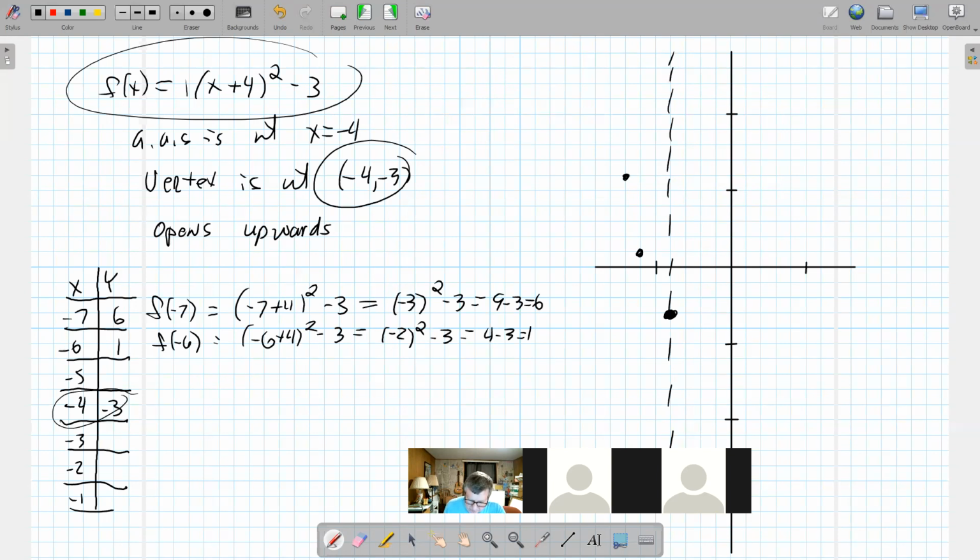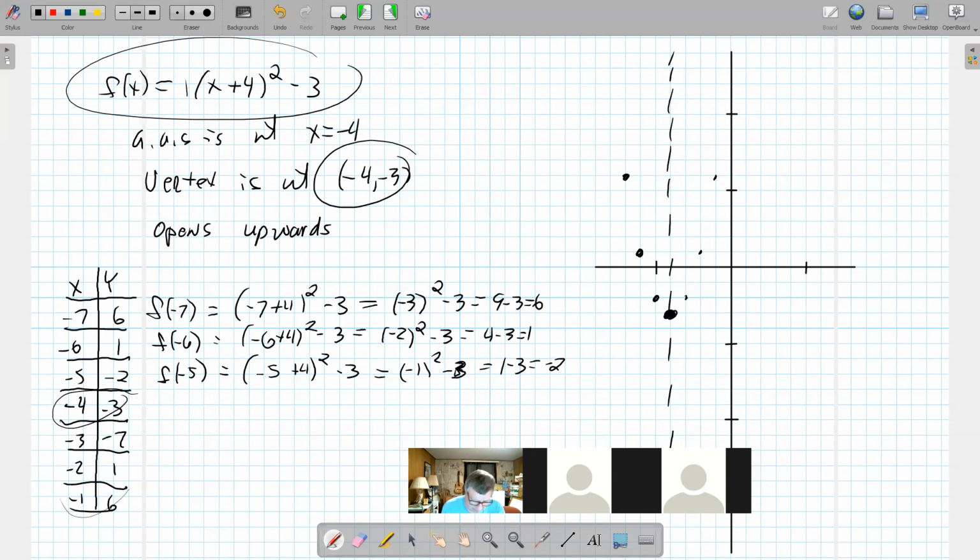Negative 5: f of negative 5 is (negative 5 plus 4) squared minus 3, which is (negative 1) squared minus 3, which is 1 minus 3, which is negative 2. Now, what about these values? Well, remember, there's symmetry. So wouldn't this be negative 2, 1, and 6? So it'd be here, here, and here.